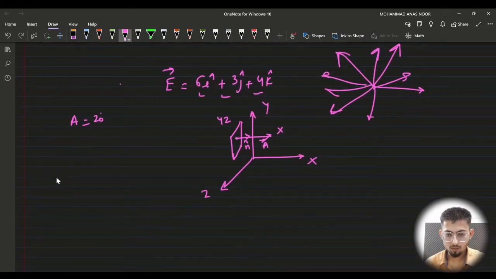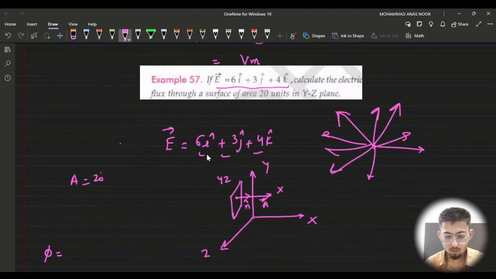So what is the formula? See, this is not a non-uniform electric field. This is still uniform. It is present in three directions, but it is not non-uniform. It would have been non-uniform if it was increasing or decreasing with respect to any of these, suppose this was 6x i cap or 3y j cap.